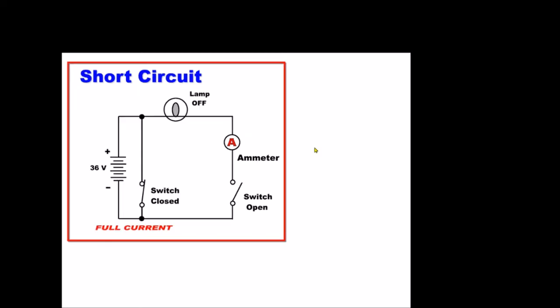Voltage has a tendency to float all the way through a circuit until it can't go any farther, which would be right here. So if I have 36 volts at this point and 36 volts at this point, that means my voltage drop across the lamp is 0, which is correct, and the lamp is off because we need some form of voltage drop across it to power it up.